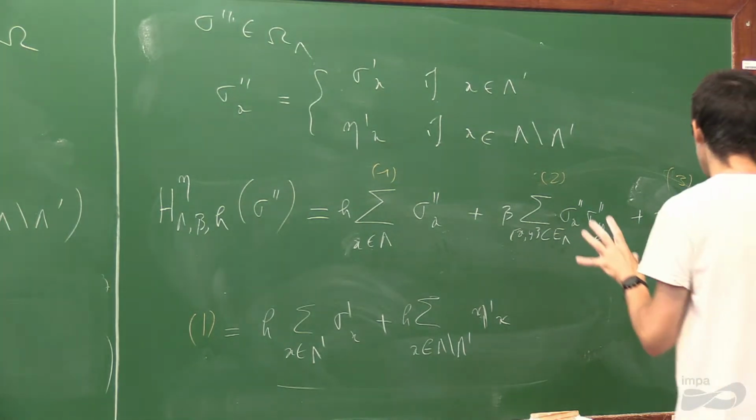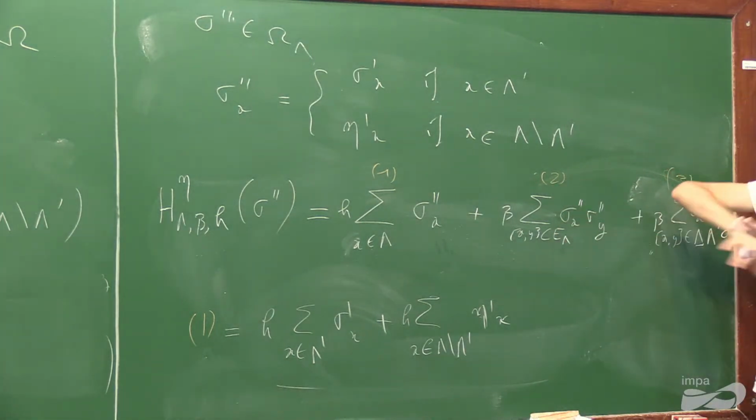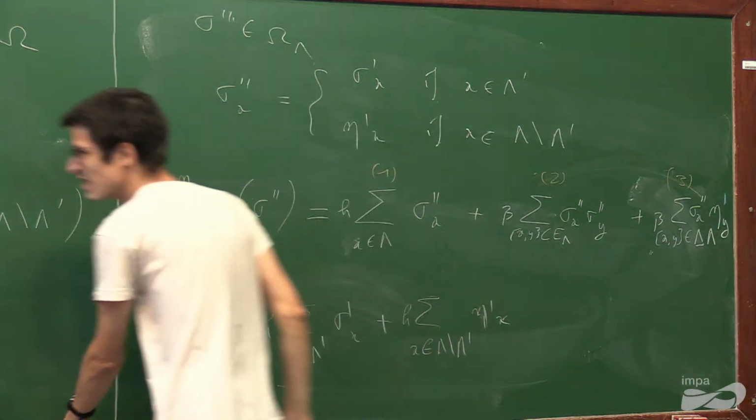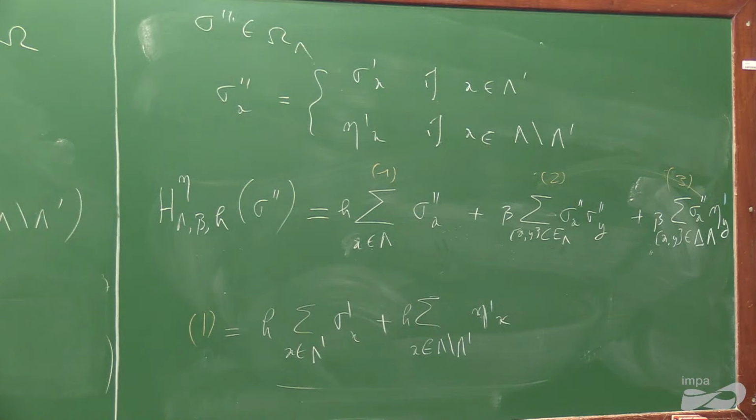We just have to check that for the nearest neighbor interaction term and the boundary term, we get the right thing. A first observation is that eta and eta prime are the same outside of lambda by definition, so here this is eta prime. Now let's look at 2.